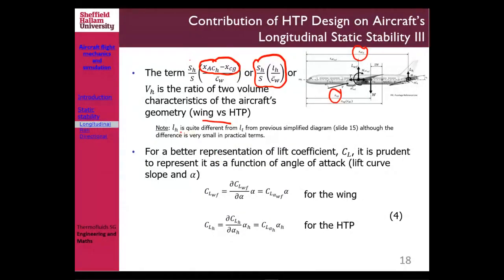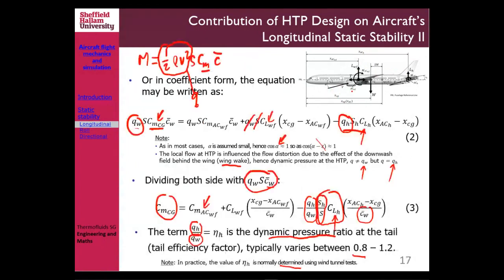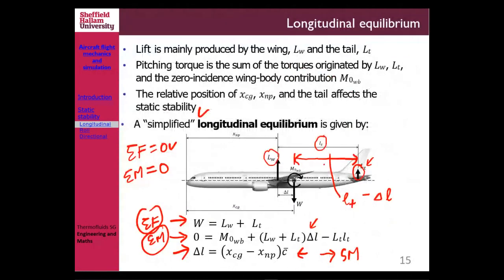So now the LH, which is the distance between your tail to the CG, is quite different from the LT, which is from the previous simplified diagram, if you go back to slide 15, but sometimes the difference is very small in practical terms. So bear in mind that LT is the distance between horizontal tail plane and the wing, as on slide 15.